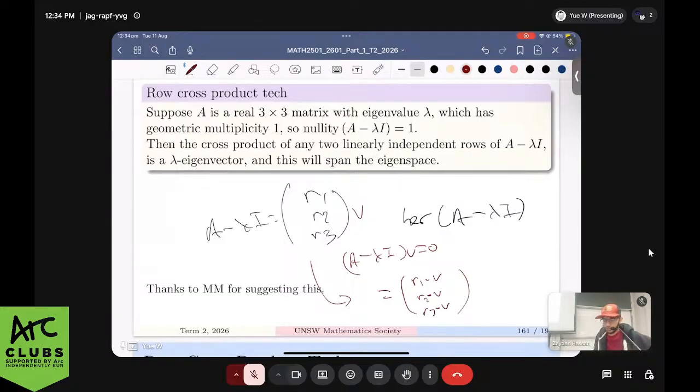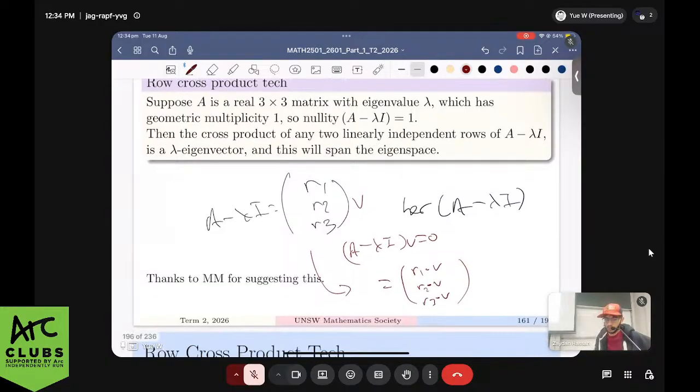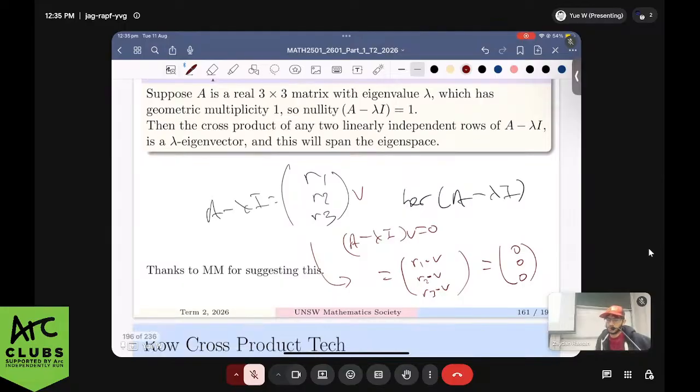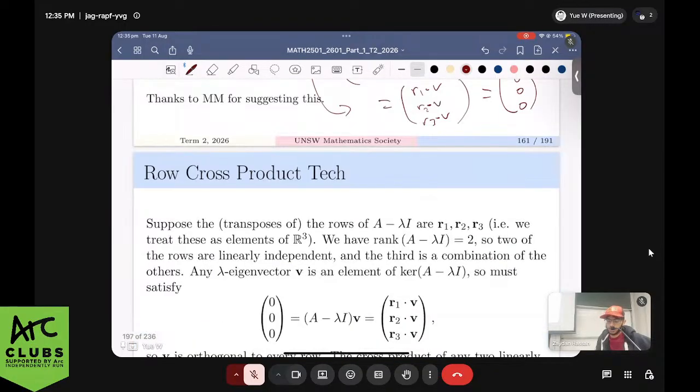You can see how that works when you actually do a computation. You want this to be the zero vector, which means R1 dot v should be 0, same for R2 and R3. So to find a vector in the kernel of A minus lambda I, all you need to do is find a vector which is orthogonal to the rows.